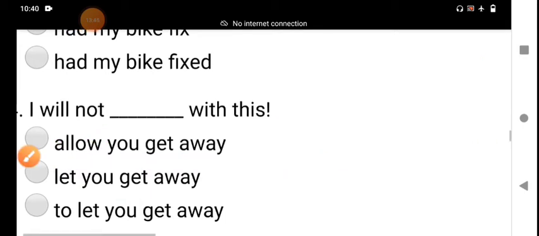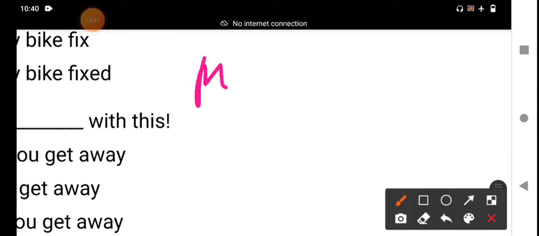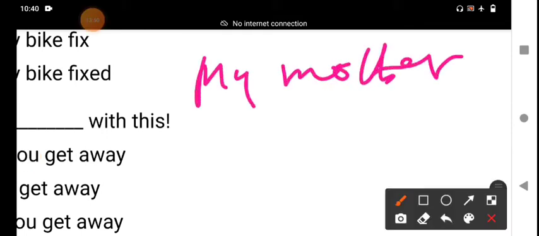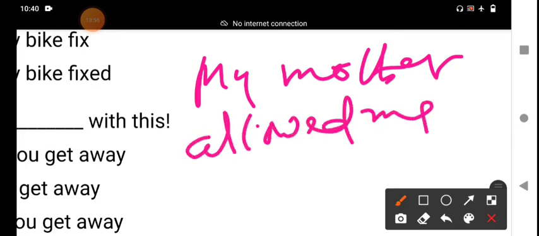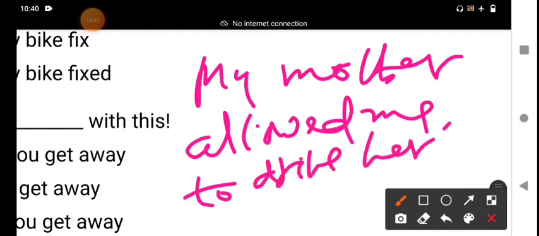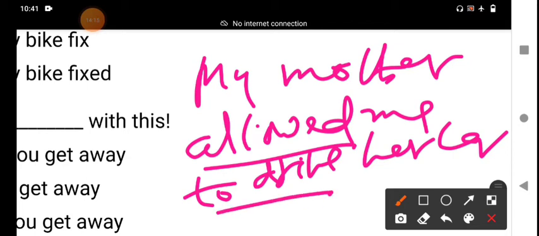For example, my mother allowed me to drive her car. Allowed means let me, permitted me to drive her car. If you use more formal words like allow or permit, we use the to infinitive, not the bare infinitive. To plus V1, that is the structure.